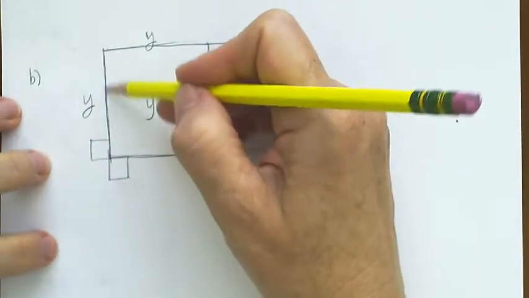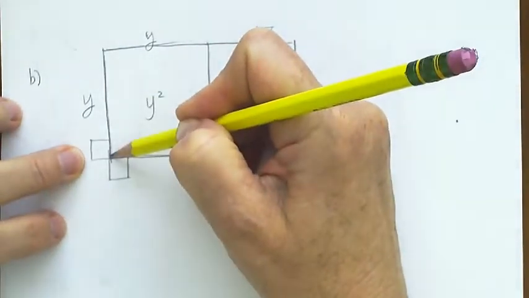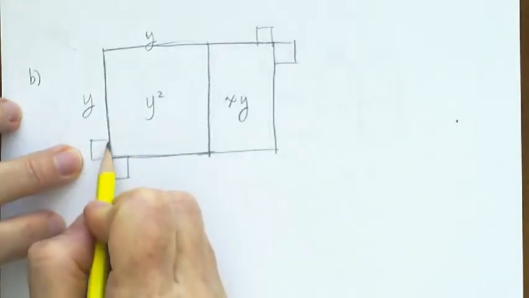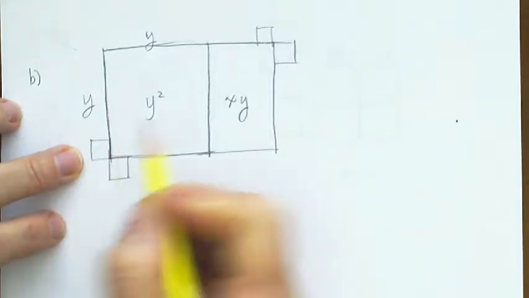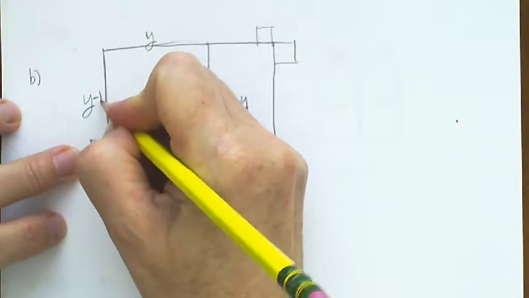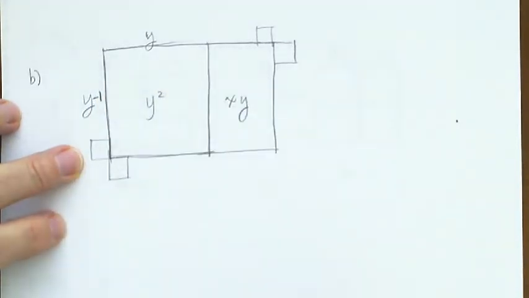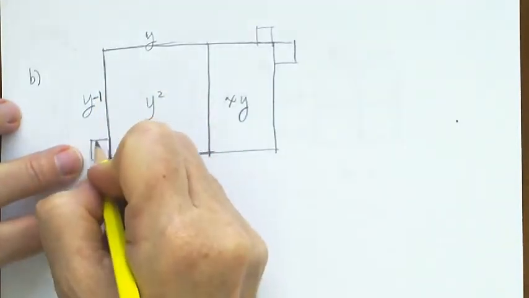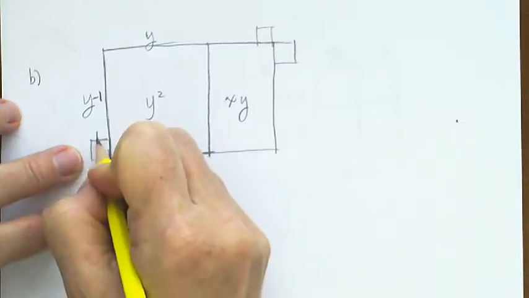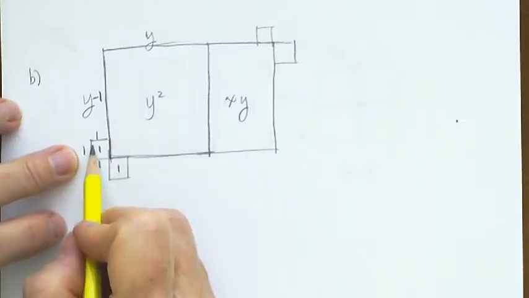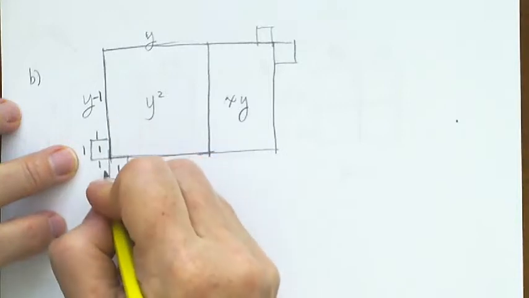Now, this side right here isn't the full length y. It's going to be y minus 1 unit tile. So then this must be y minus 1. Because if this is a unit tile, the area is 1, so the length of that tile is 1.